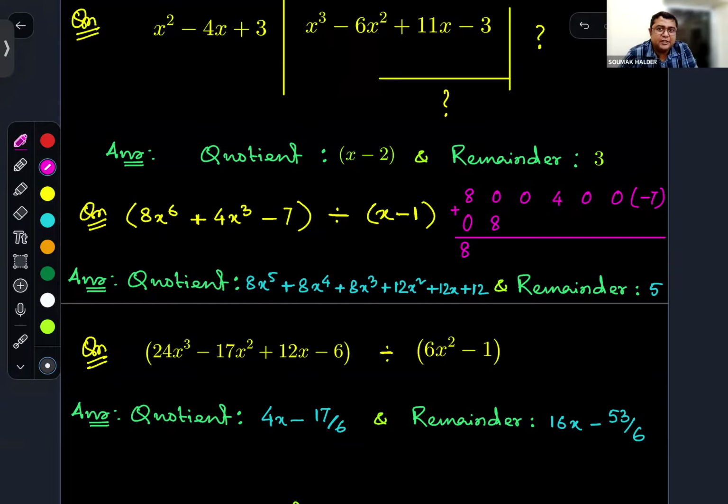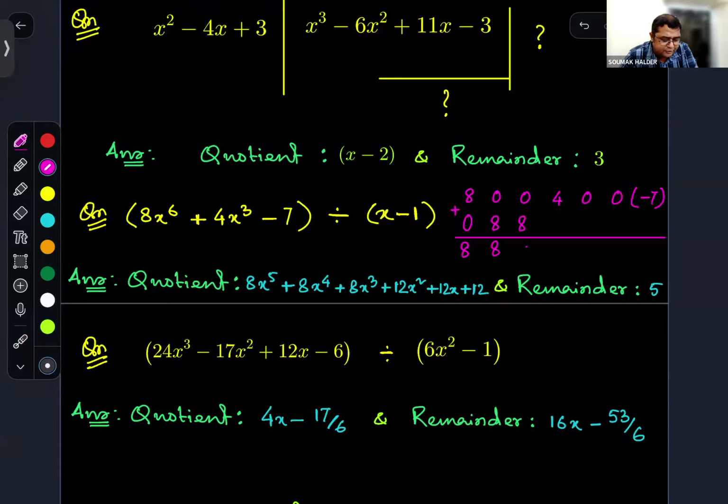Now what will be the addition from the second column? You are dividing with x minus 1. The theory you have gone through is for divisor x minus alpha. So alpha is 1 now. Is it okay with all? How alpha is 1? So the second column sum is again 8. Next again multiplication by 1, so again 8.